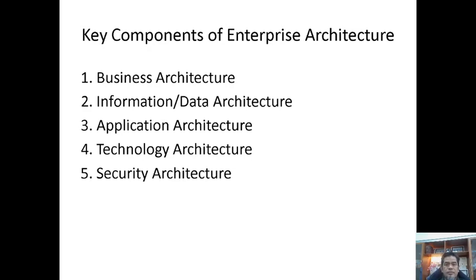So the key component of enterprise architecture is business architecture. Business architecture means you need to model the nature of the business of the organization. For example, you need to architect the business process of UTM, University Technical Malaysia Malacca. So what is their business process?